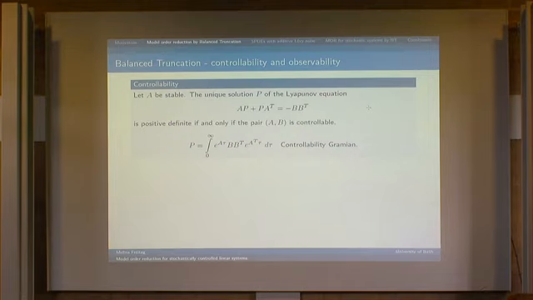But there are other reduction methods, not balanced truncation, where you don't have to solve the Lyapunov equation. That's one of the bad things about balanced truncation. Solving this Lyapunov equation is expensive in general.